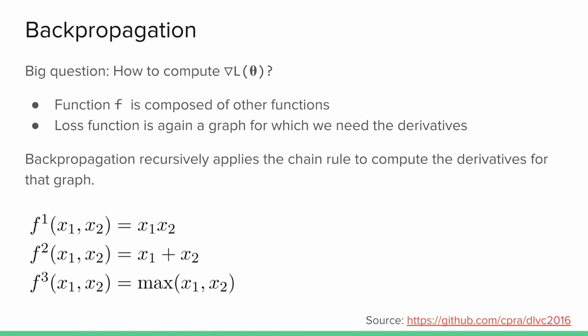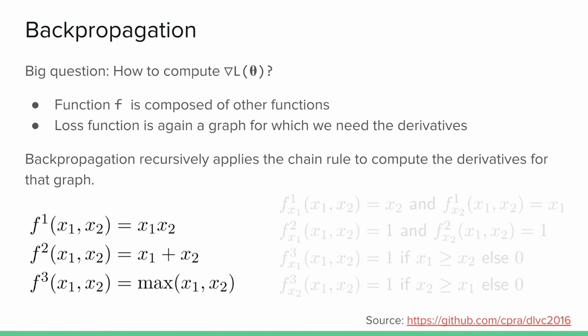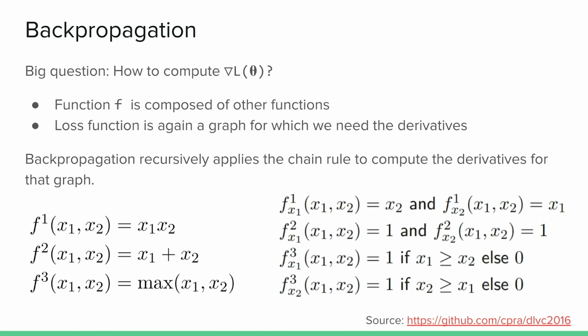So if we take f1, 2, 3 here, being defined as the multiplication, addition, or the maximum between two values, the respective partial derivatives with respect to one or the other input are: for the multiplication, the partial derivative with respect to x1 is just x2, same vice versa.